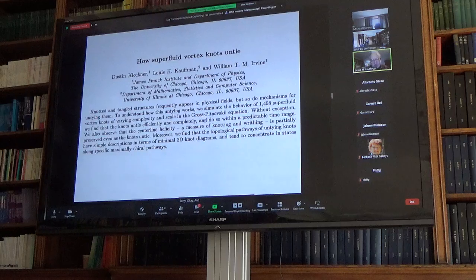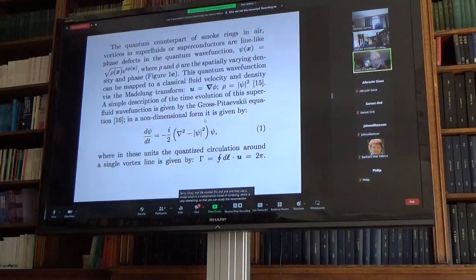Okay. We studied this, and they use a mathematical model of vortexing, which is very interesting, so that you can study the reconnection by looking at the evolution of an equation.